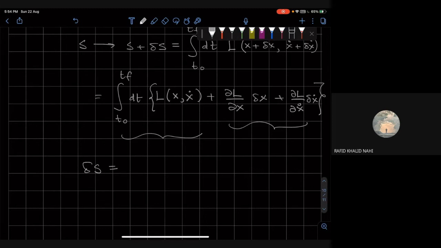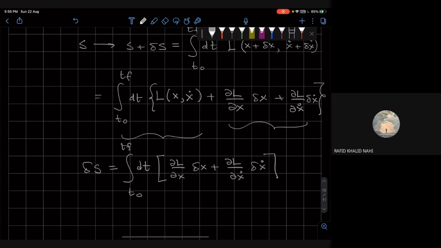So delta of S is going to be the integral from t0 to tf of dt, the partial derivative of L with respect to x, delta of x, plus the partial derivative of L with respect to x dot, delta of x dot.